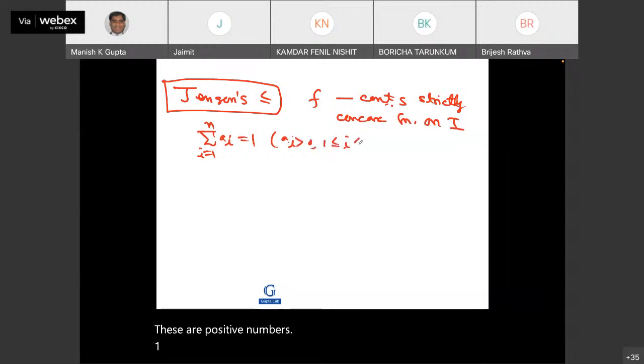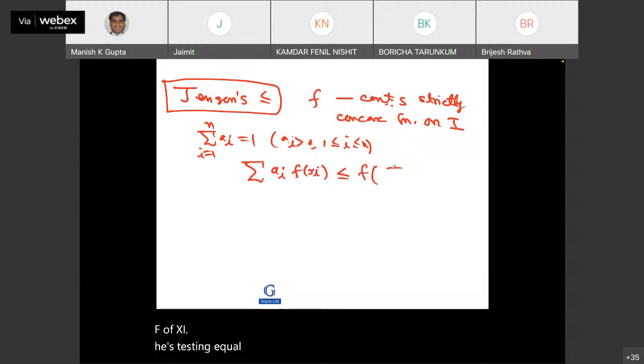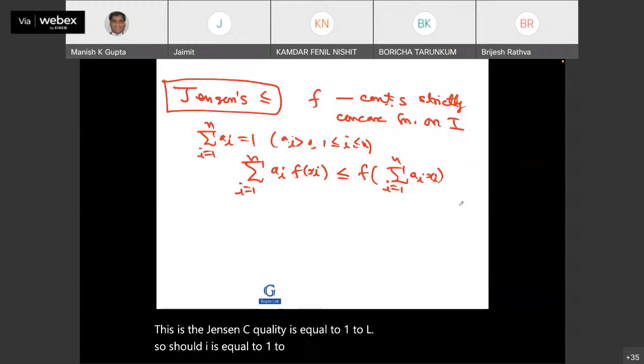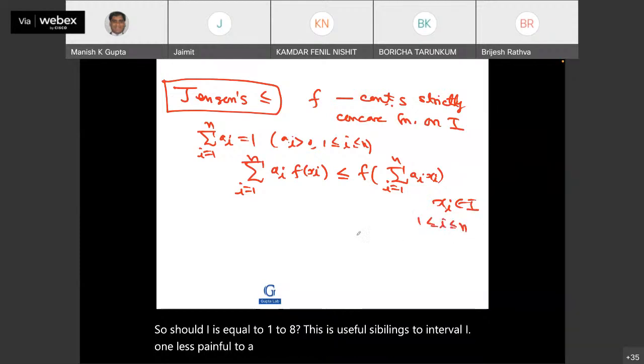Then summation ai f of xi is less than or equal to f of summation ai xi, where the summation is over i equal to 1 to n, xi belongs to the interval I, for 1 less than or equal to i less than or equal to n.